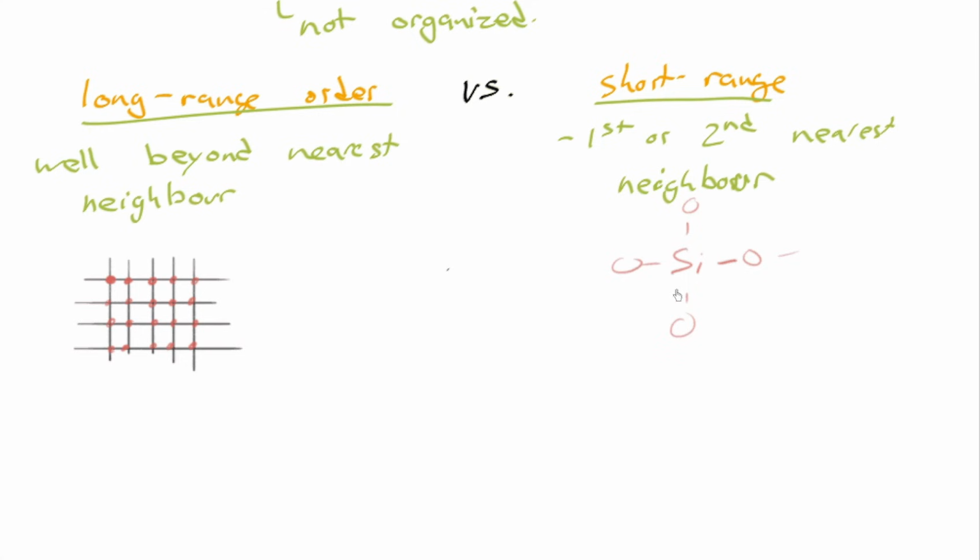Say methane gas. You've got carbon with 4 hydrogens around it, and you know where the hydrogens are. You may even know they have this tetrahedral symmetry. But beyond that, there's no order. So that would only be short-range order versus long-range order, which is what we're really talking about here. Is crystallinity, highly organized materials.